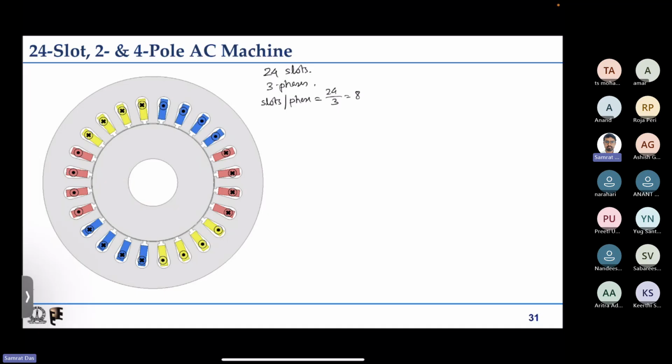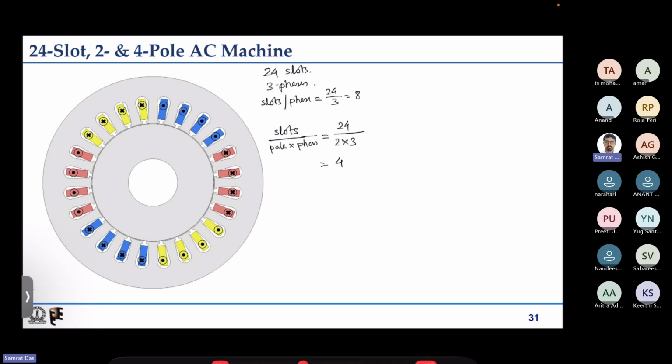Now the important quantity in this case, which did not matter because we were discussing a two pole machine. Now in order to go for a four pole machine, we need to actually calculate slots per pole per phase. So what is the number of slots per pole per phase? If we go for a two pole machine, it is basically 24 divided by 2 into 3, that is 4, right?